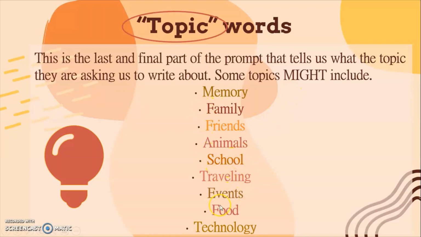However, some of these topics here might fall into the same category as what they're asking us to do today. Like maybe this one, food, or school, or maybe you might even access a memory that will relate to the topic for this week. Maybe you'll access a memory of when you helped somebody one time and relate it to the topic for this week.